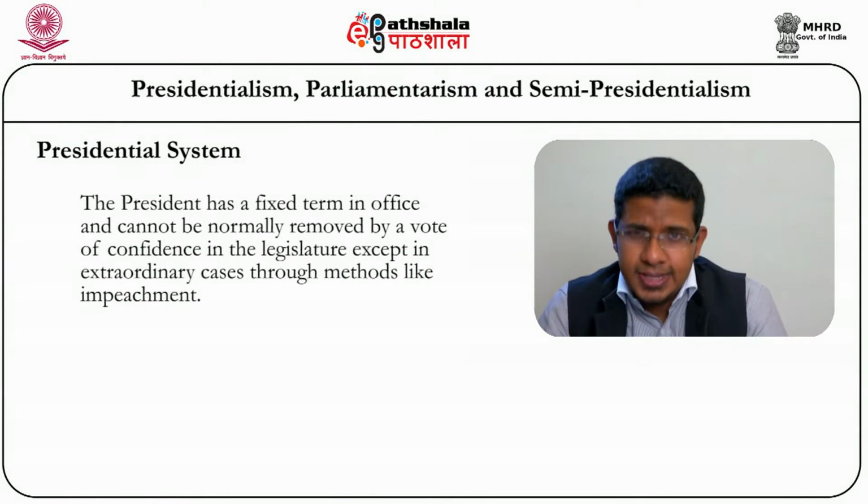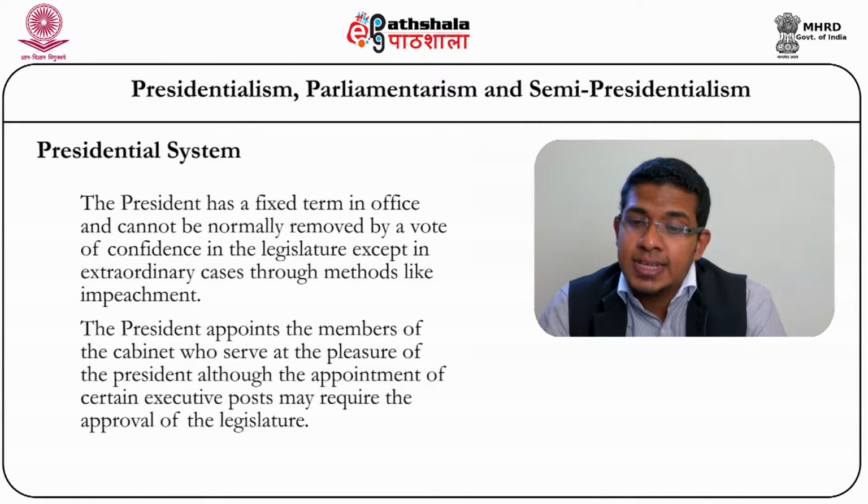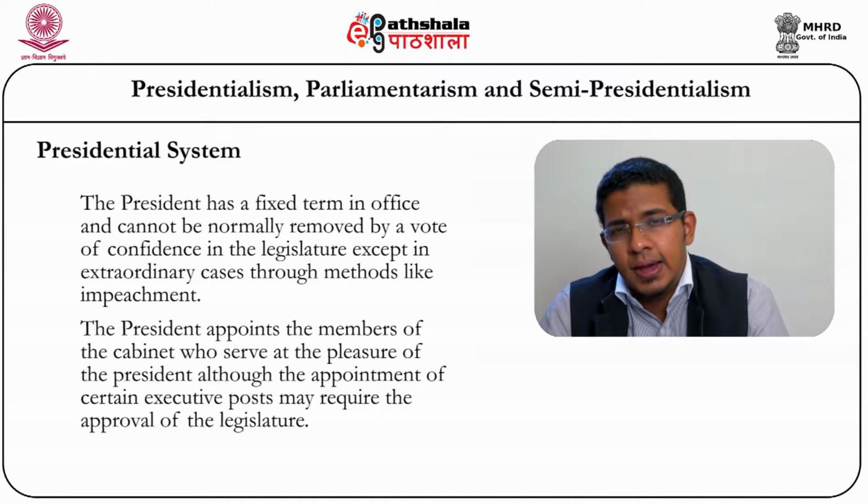So let's move more into the presidential system. The president has a fixed term in office and cannot be removed by a vote of confidence. The president appoints members of the cabinet. He's usually free to appoint whom he wishes. Sometimes he is required to also take the consent of the legislature.